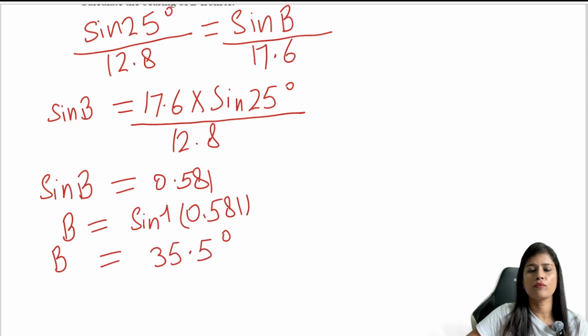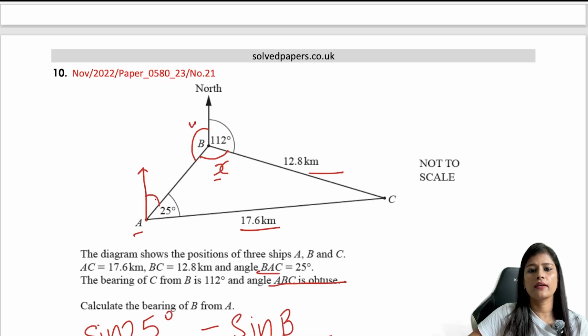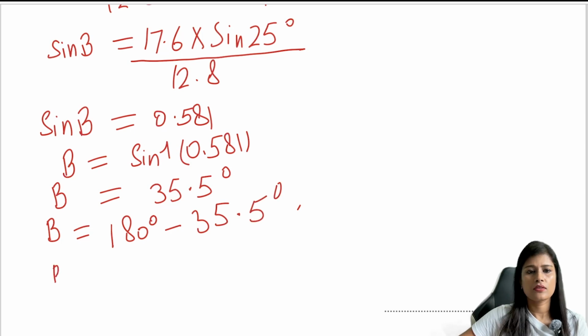So B will be 35.5 degree. But it is given that this angle ABC is obtuse. So angle B will be 180 degree minus 35.5 degree. So B equals 144.5 degree.